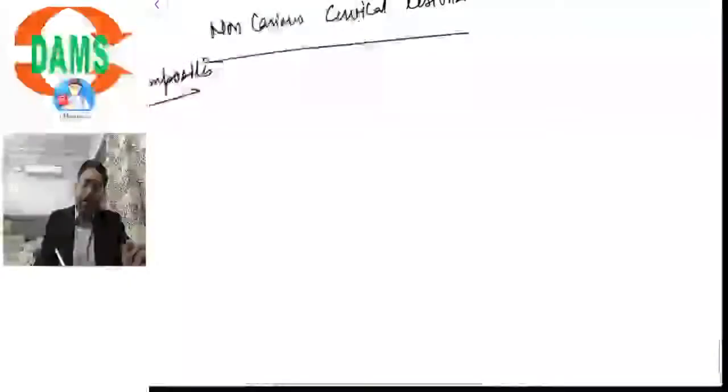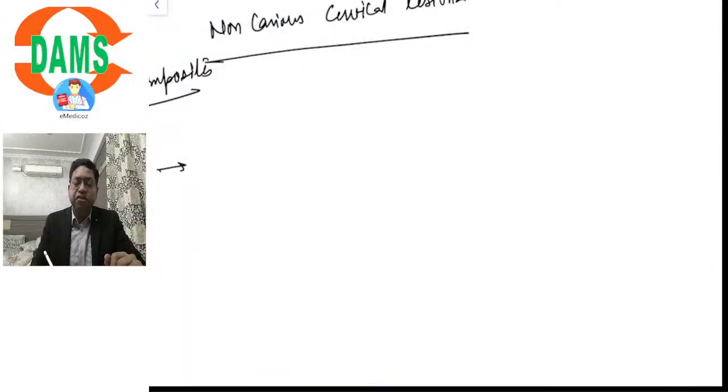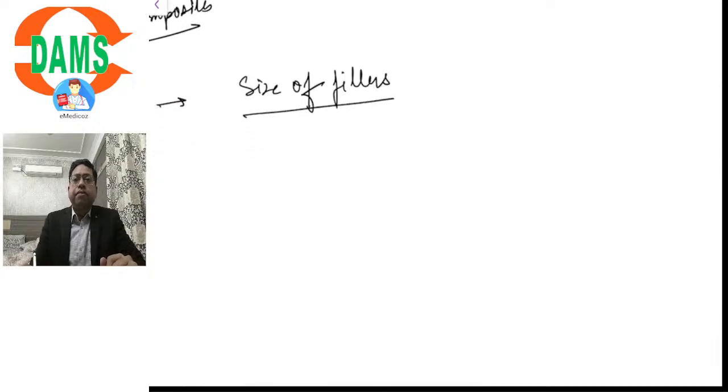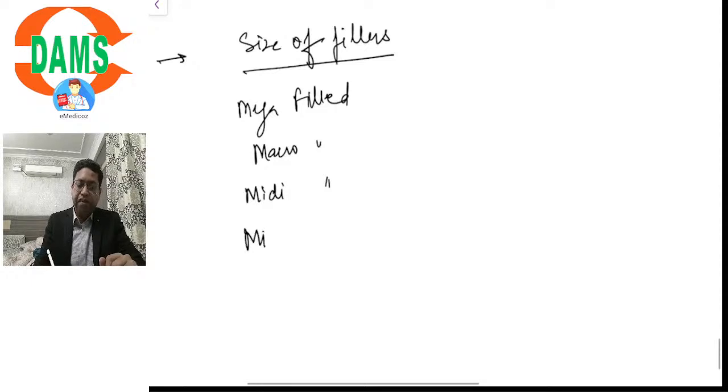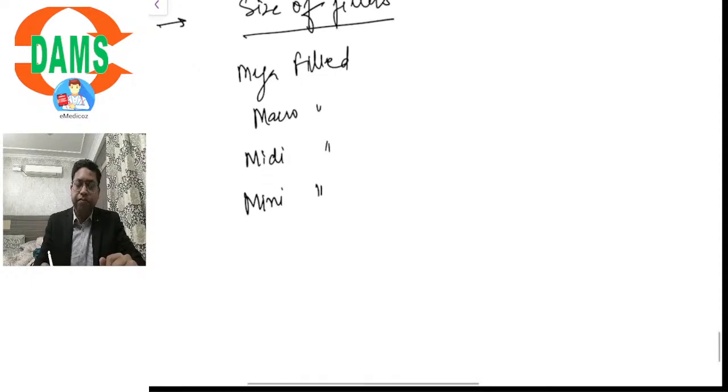If we look at the more contemporary classification that is based upon size of fillers, they can be classified as mega-filled, macro-filled composites, midi-filled composites, mini-filled composites, micro-filled composites, and nano-filled composites.